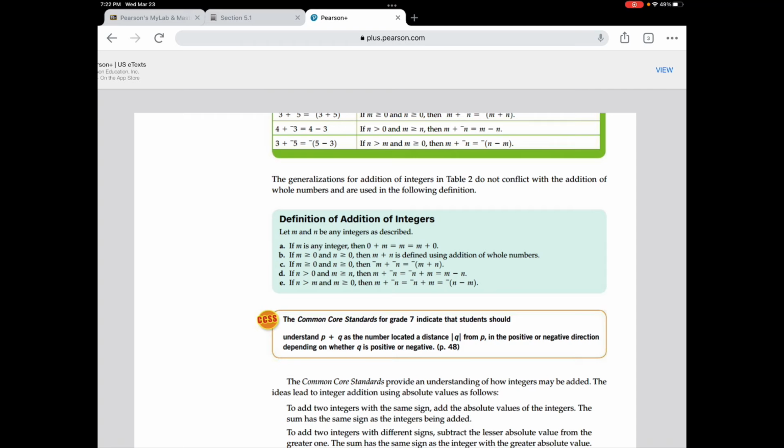Let m and n be any integers, as that's when it works, because it says any integer and any integer.